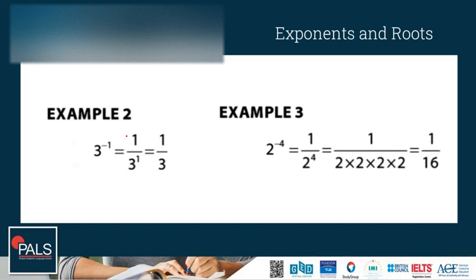So find the reciprocal. 1 over 3 to the power of 1. Any number with a power of 1 is still the number, so the answer is 1 over 3. Okay, example number 3. 2 to the power of negative 4 is equal to 1 over 2 to the power of 4, or to the fourth power. So the answer is 1 over 16.